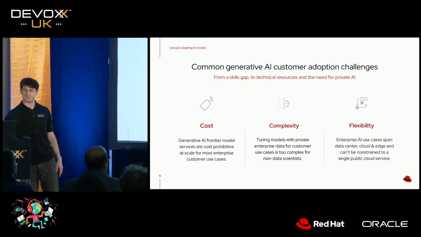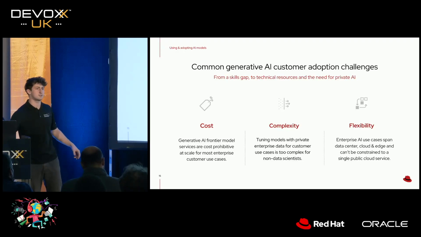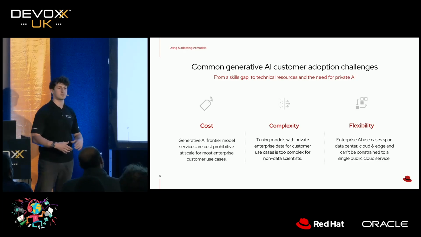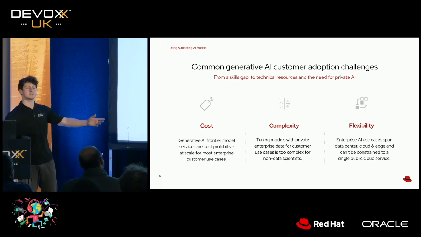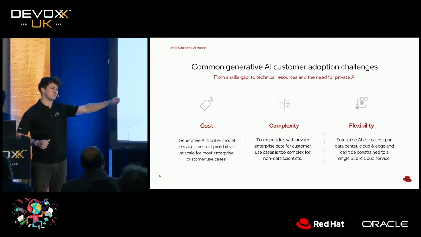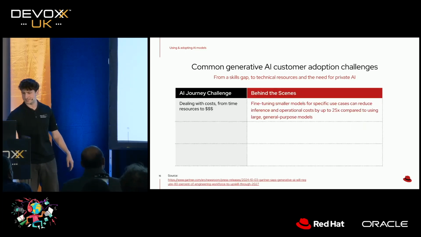But there are a couple of challenges. The cost of using third-party models in general can be prohibitive for use cases. Then there's the complexity of not being a data scientist and not understanding these technologies, and the flexibility. You need to be able to deploy on the hybrid cloud, deploy where your applications are, and talking to a third-party black box isn't always ideal when you're using AI.